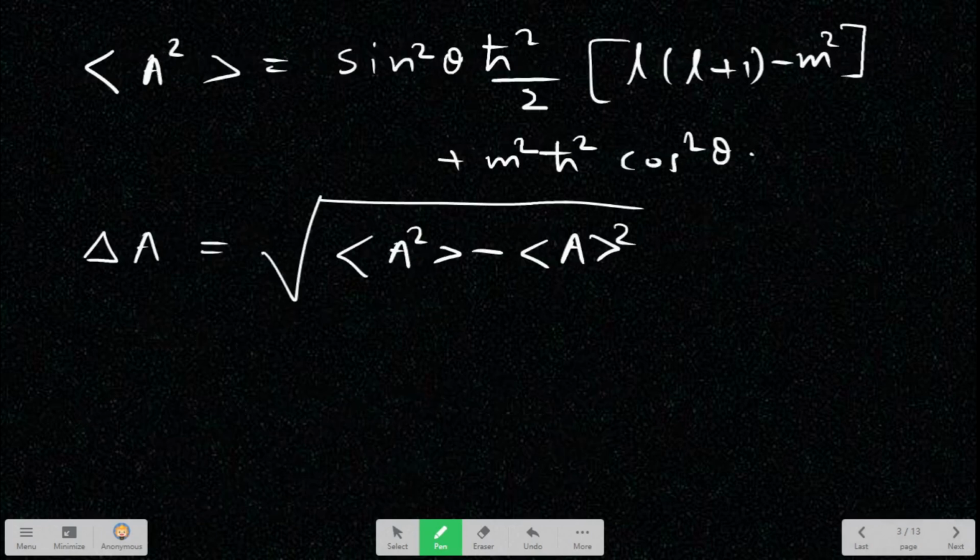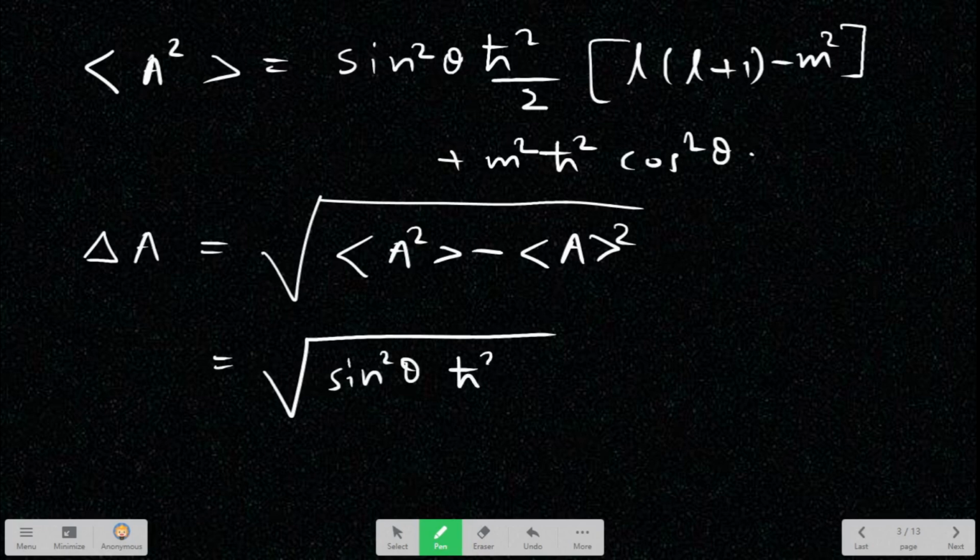So if you subtract expectation value of A the whole square from expectation value of A square, then you will get under root sin square theta h bar square by 2 L into L plus 1 minus m square.